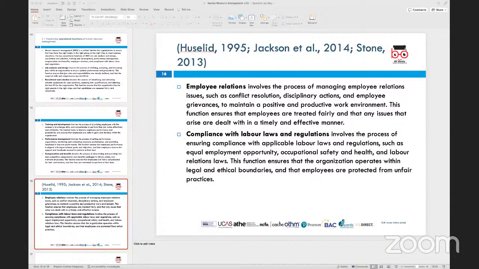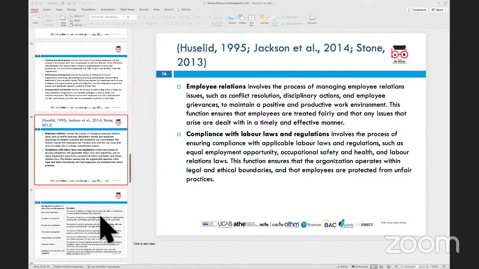So this is what you would need to look at from a point of view of the theoretical aspect.